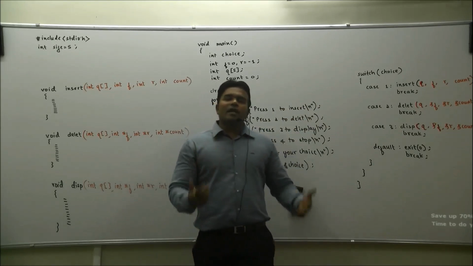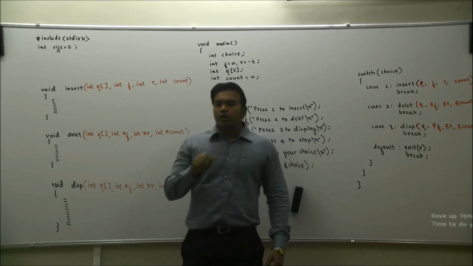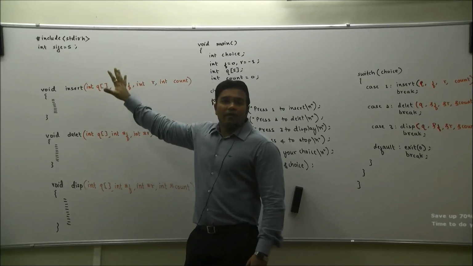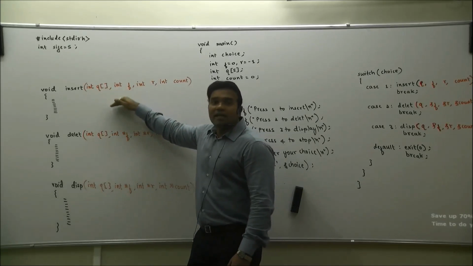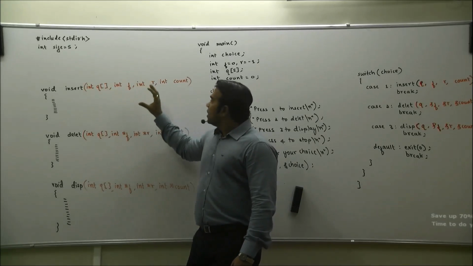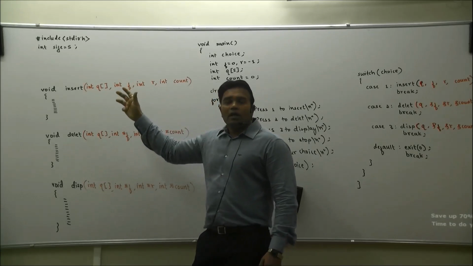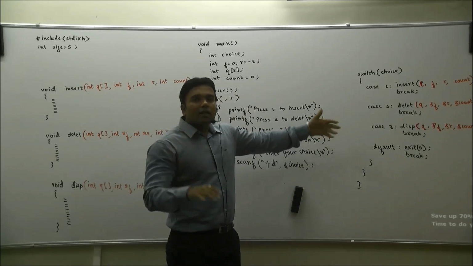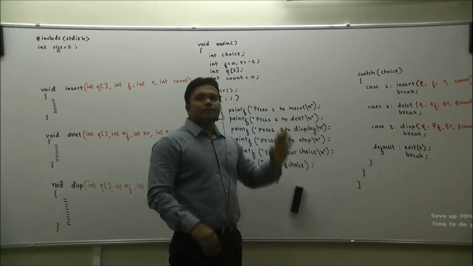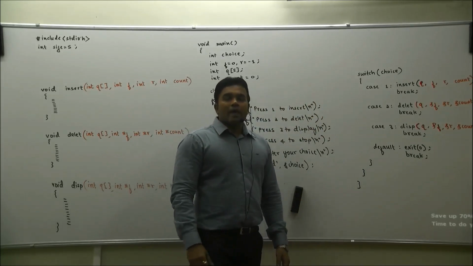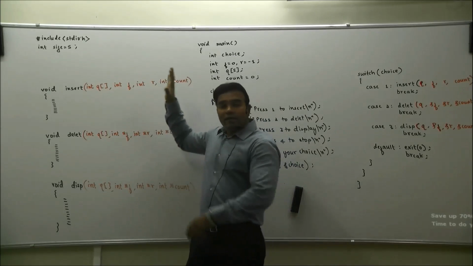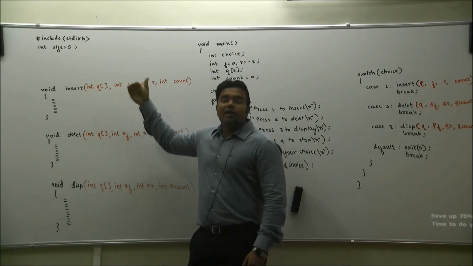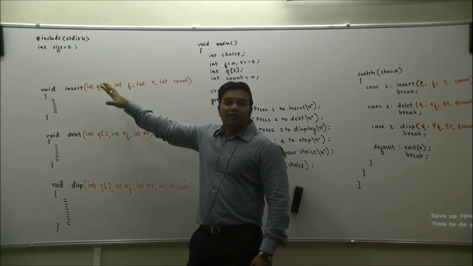No, sir, if it doesn't get reflected, what will happen, sir? Assume 5 elements you will insert. So the count will be 5 in as far as insert is concerned. But say the count value is not reflected back here in the main function, then the count value will be 0 only. Actually, you have inserted 5 elements, count also you have incremented, so the count is 5.